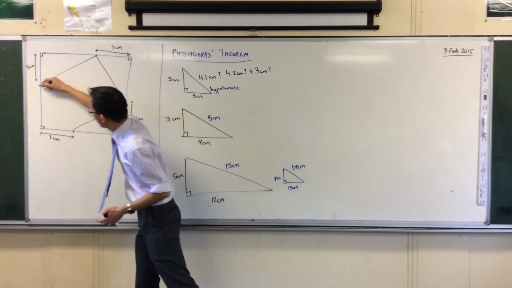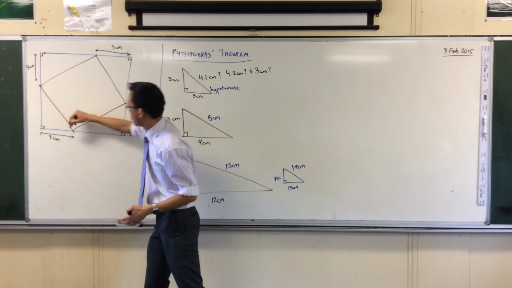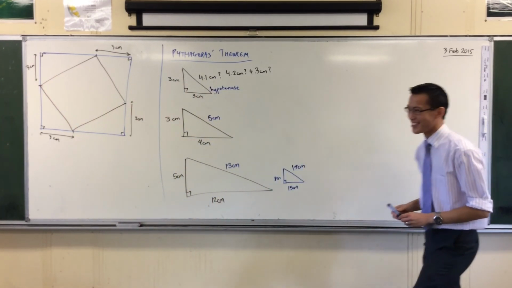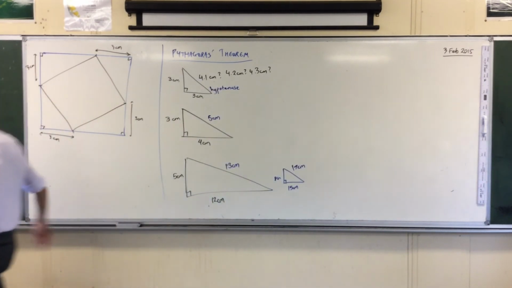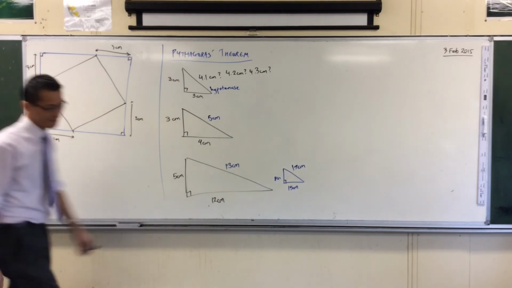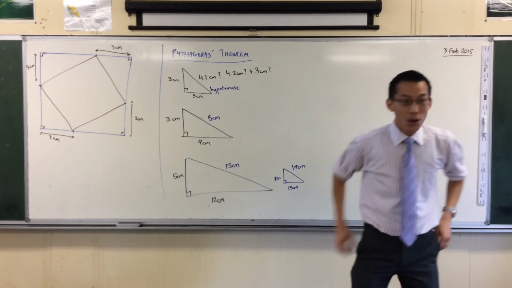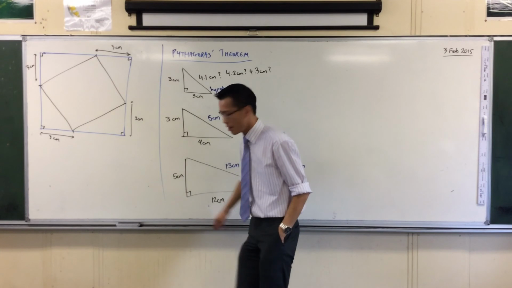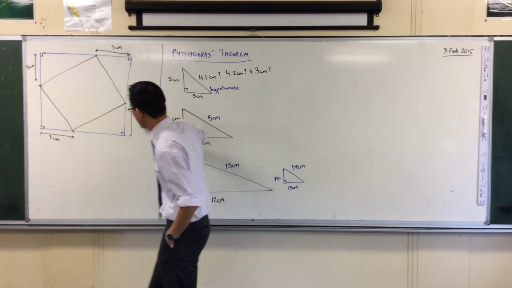And my last triangle will be there. I'll give you a second. You should have that measured out. Now that we've put this in, some of you will have different lengths here.